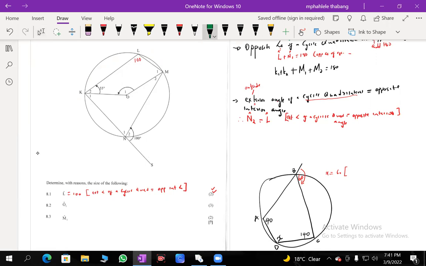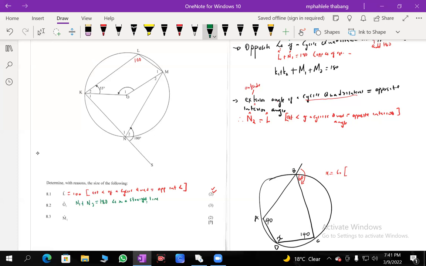True, they add up to 180. So we are saying angle N1 plus angle N2 should give us 180. Angles on a straight line add up to 180 degrees.